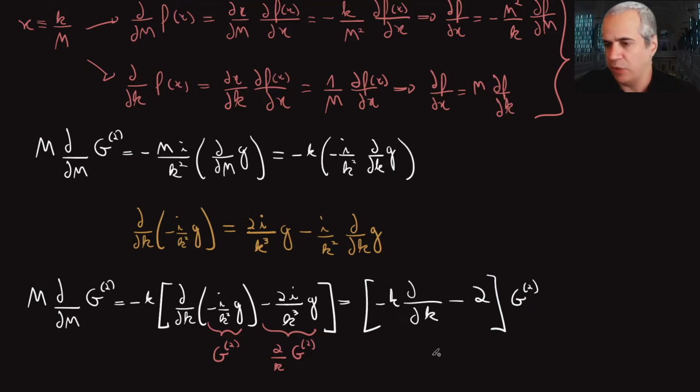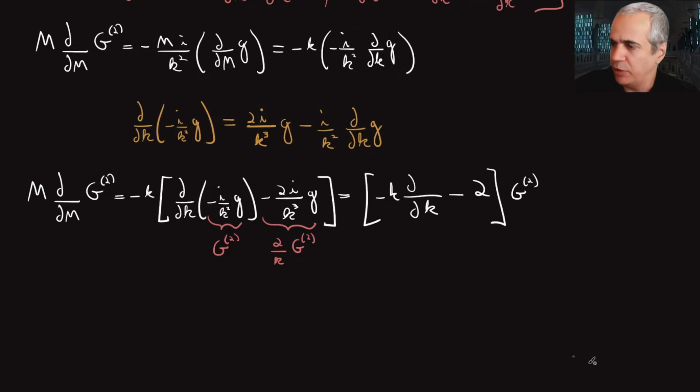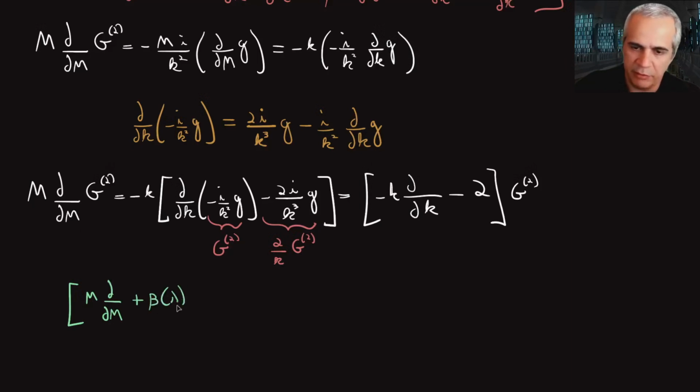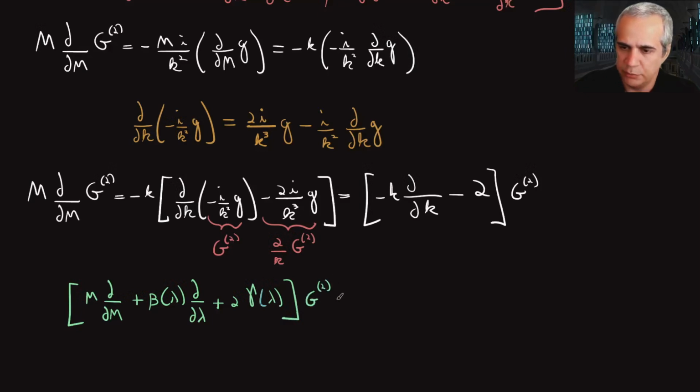So in summary, remember from the last video, we got the Callan-Symanzik equation for the 2-point Green function in this way, for a one coupling theory, in this case I'm calling the coupling lambda. So there's a del lambda here plus 2 gamma of lambda G2 equal to 0.